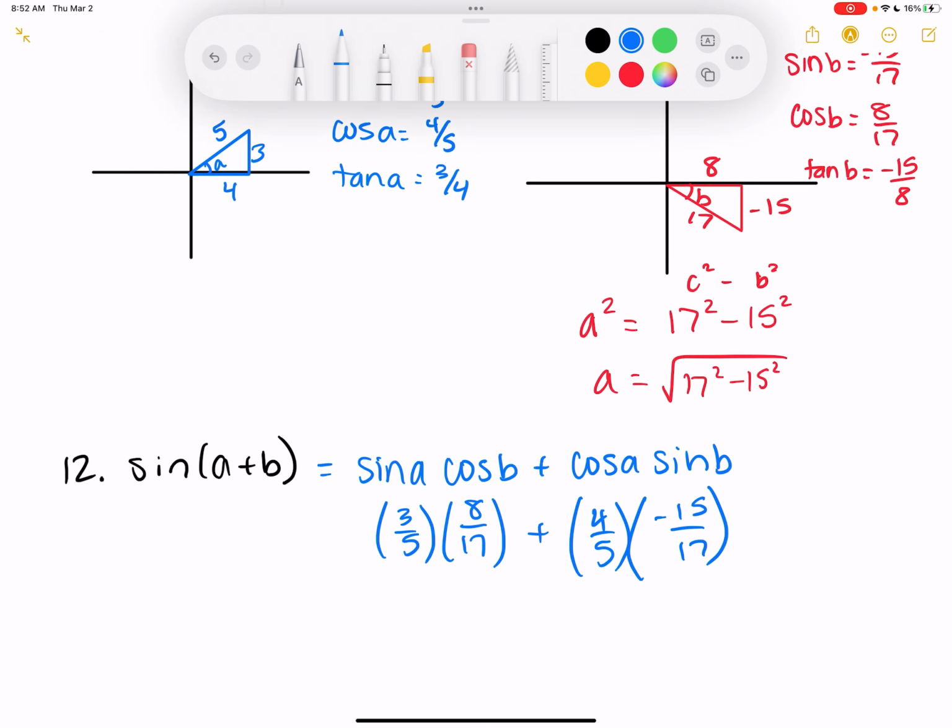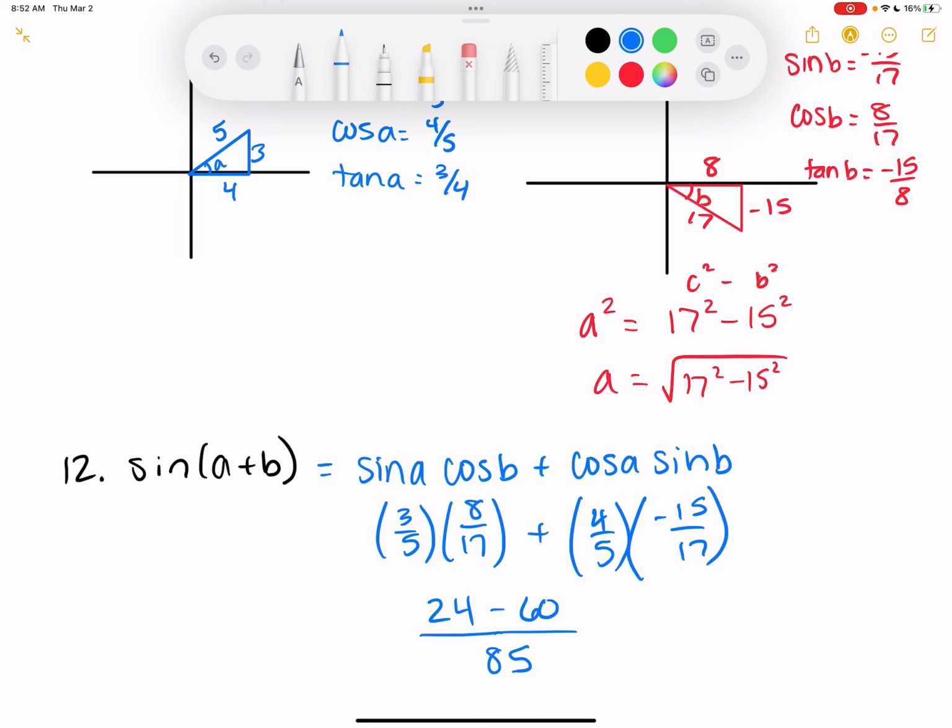So then this is, let's see, it's going to end up having a common denominator since they're both over 5 times 17. 5 times 17 is 85, and 4 times 15 is 60, and it's going to be negative.